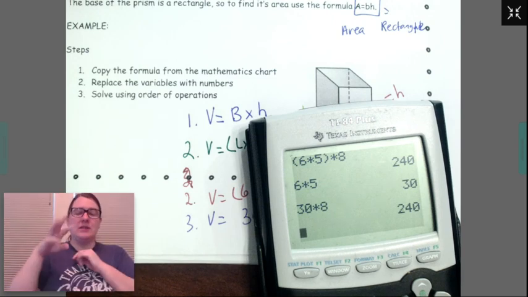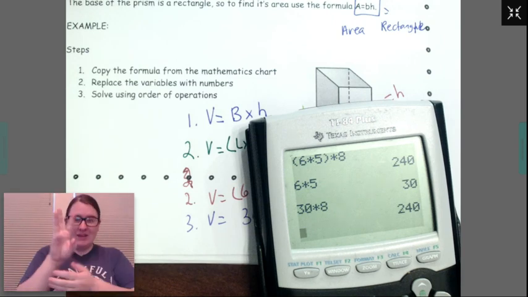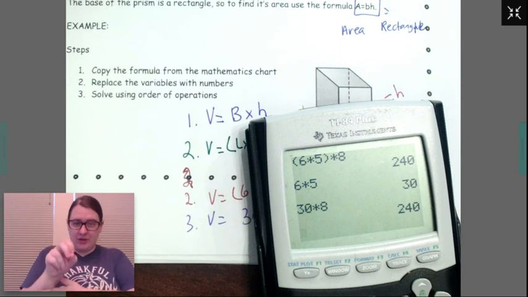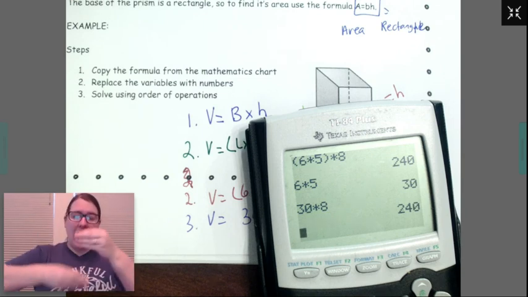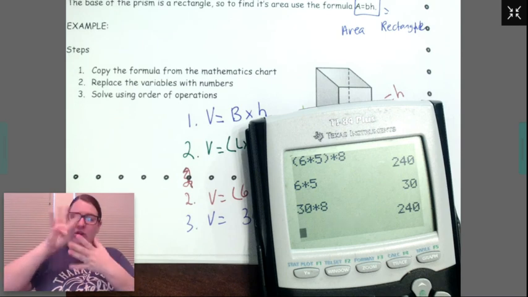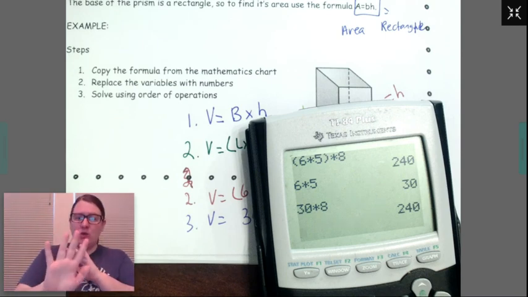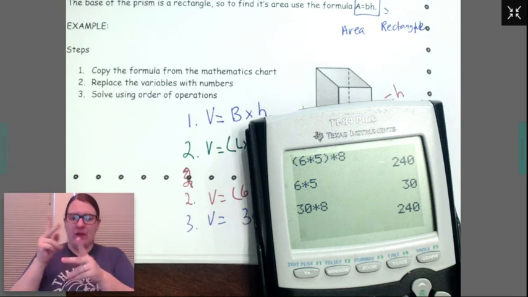You can do it both ways. Some of you will know 6 times 5 is 30, so you just do 30 times 8. If not, just put it into your calculator. I added the parentheses because I can on a graphing calculator. If you have a normal 4-function calculator, just do 6 times 5 times 8.